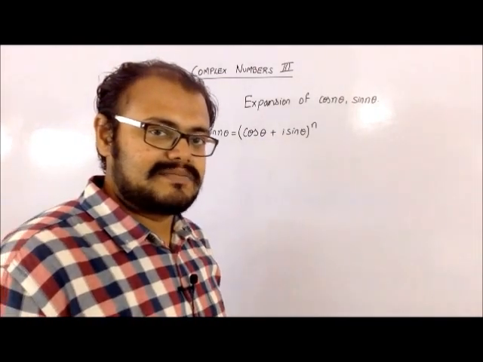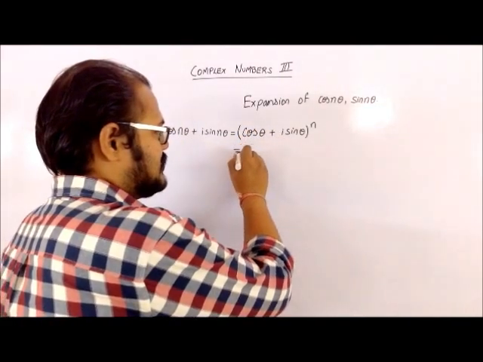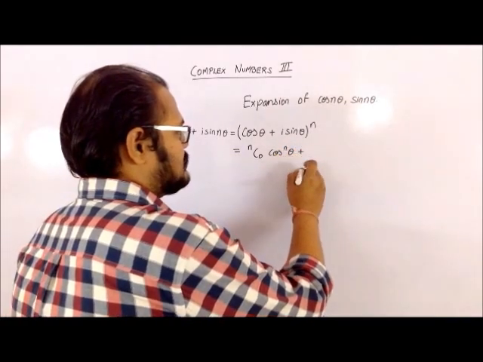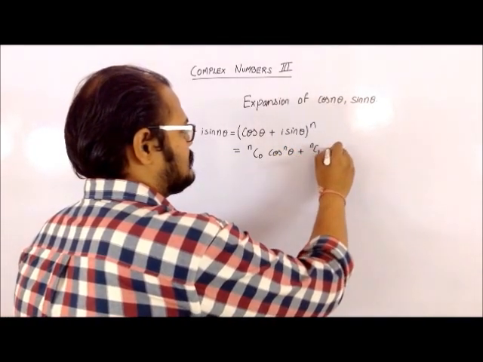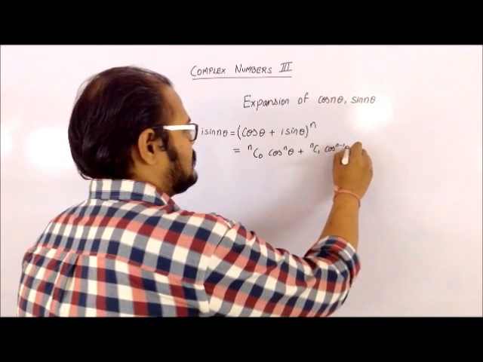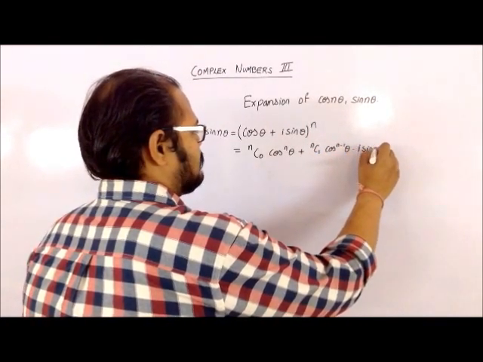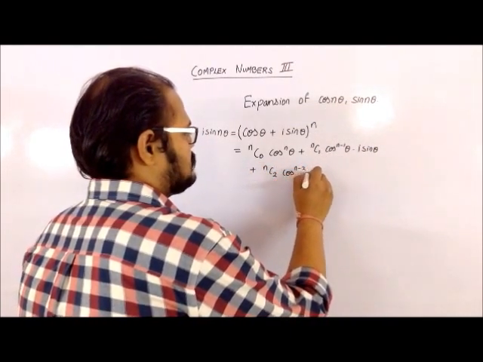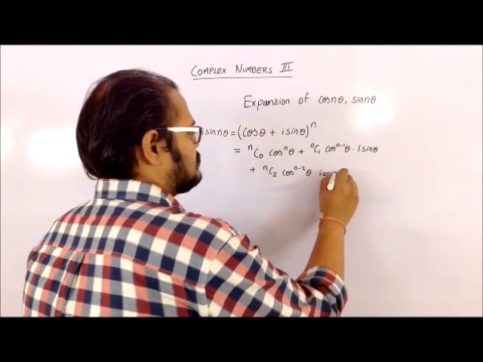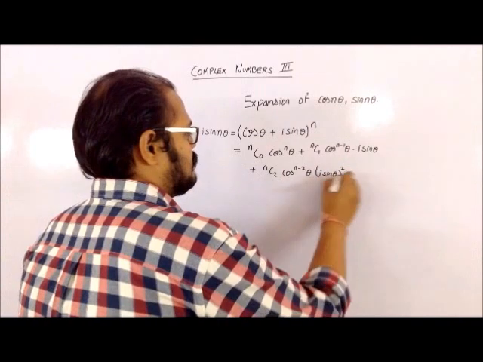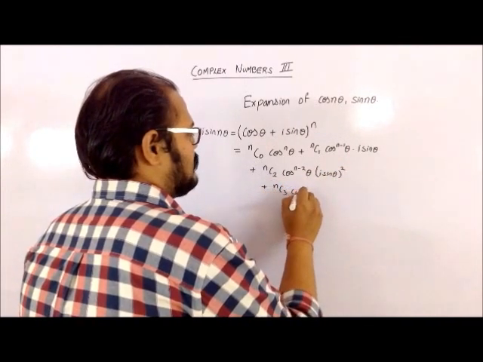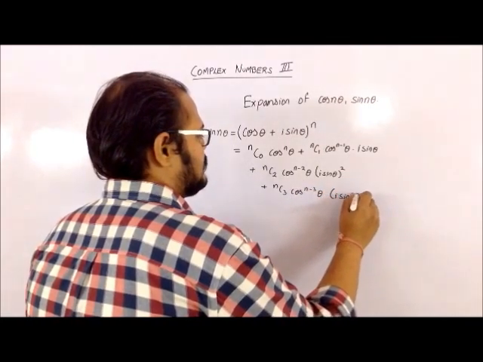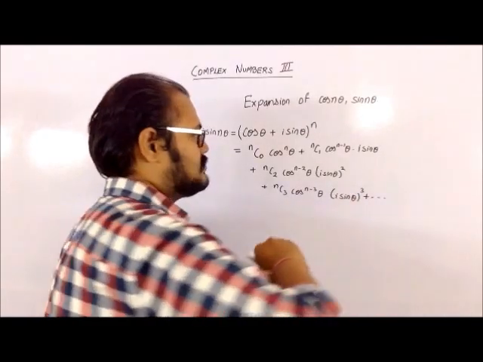The binomial theorem will give me the values of this expansion, that is nC0 cos raised to n theta plus nC1 cos raised to n minus 1 theta into I sin theta plus nC2 cos raised to n minus 2 theta into I sin theta squared plus nC3 cos n minus 3 theta into I sin theta raised to 3, plus so on.